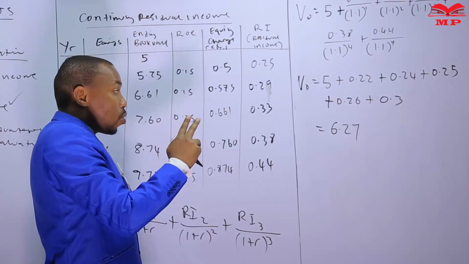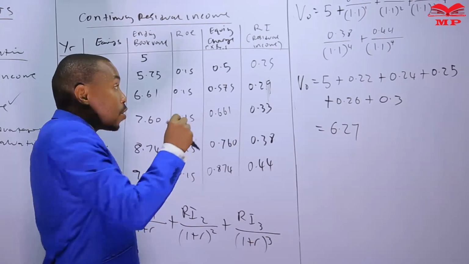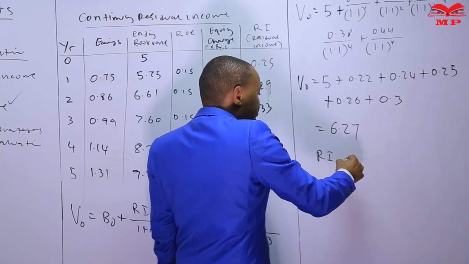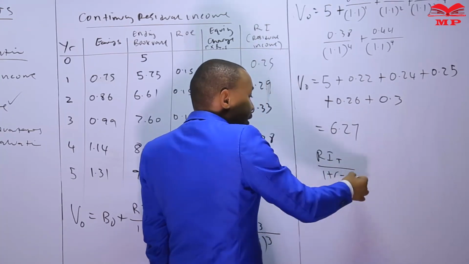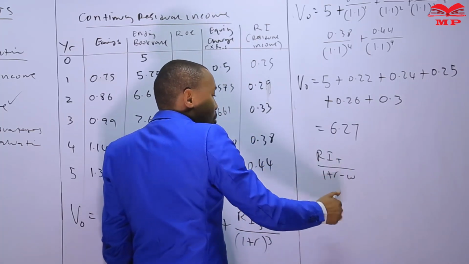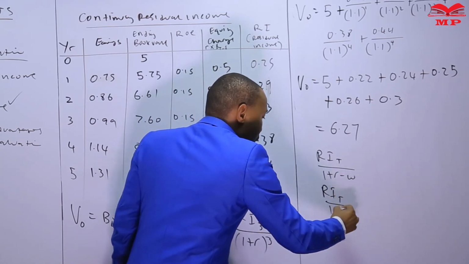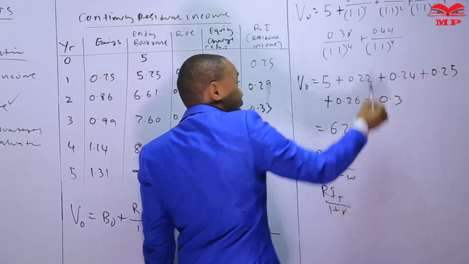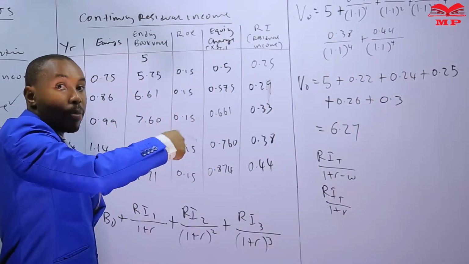Once you've been informed that the persistence factor is assumed to be 0, you'll assume that the W component, we said RIT over 1 plus R minus W, this is the persistence factor, this one equals 0, so that means the residual income just summarizes to RIT over 1 plus R alone, and that's what we've done over here, 1 plus R like that, to add that component of continuity or perpetuity.